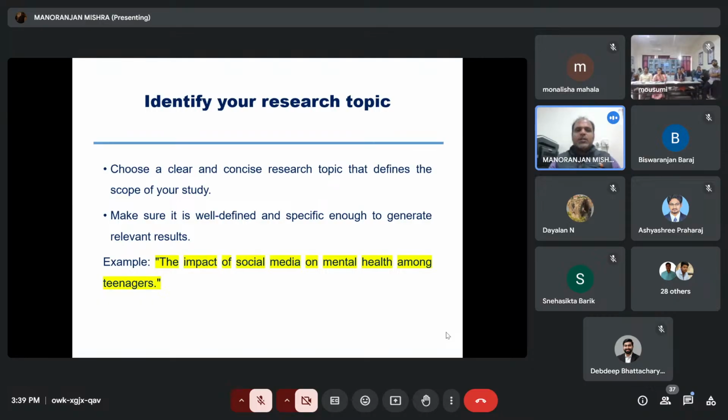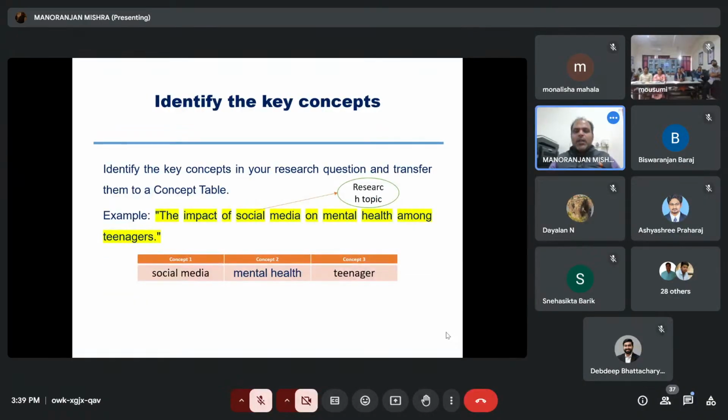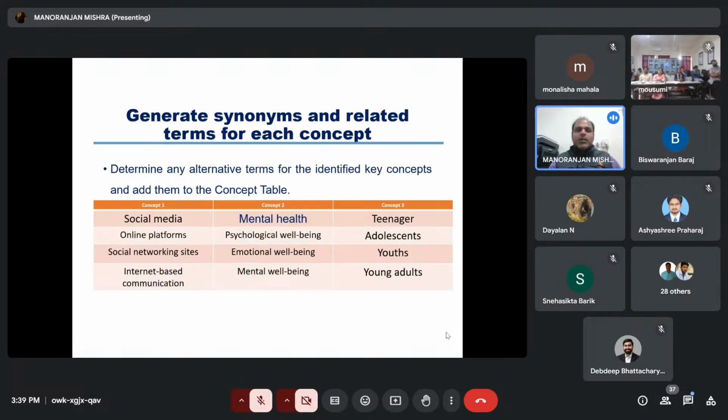Then identify keywords, I'm just giving a practical example. The keywords, like I am using social media, mental health, and teenager. These are the keywords from concept 1, concept 2, concept 3. Then I am going for synonyms, related terms.